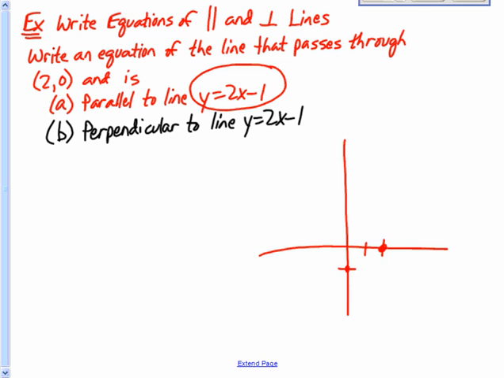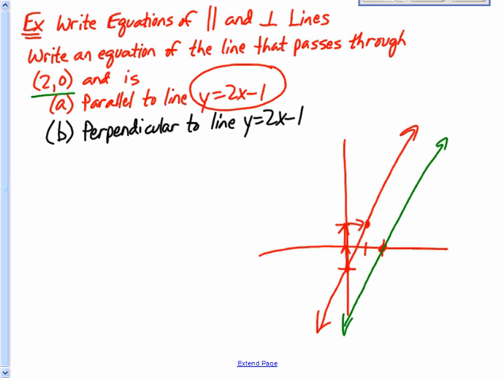That minus 1 is your y-intercept, and it looks like we have a slope of 2, up 2, right 1. So I'm parallel to that. This is what I'm looking for: that green line equation.